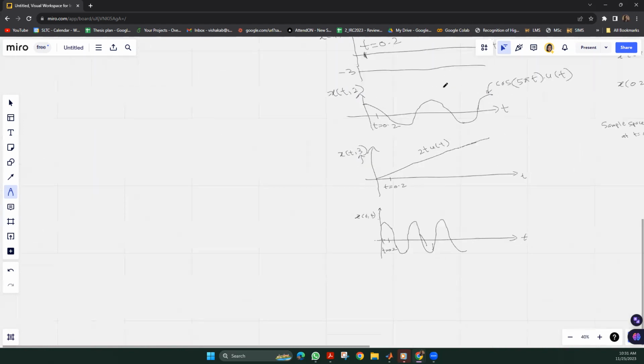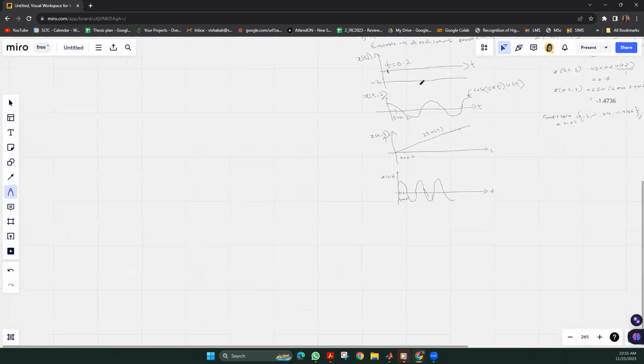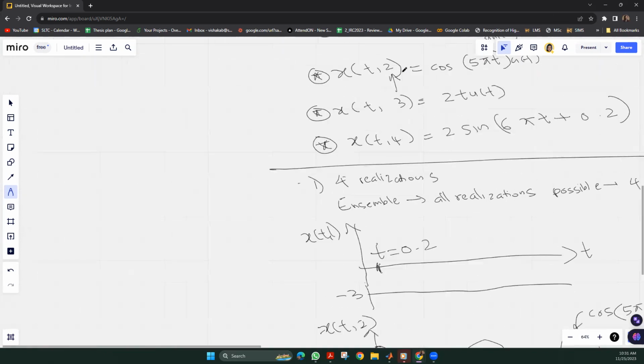Basically, we can first draw the sinusoidal signal starting from 0, with a certain amplitude. If the amplitude is 2, we can define 2 here, and then you can define the frequency based on the 6 pi, which is the frequency of the signal.